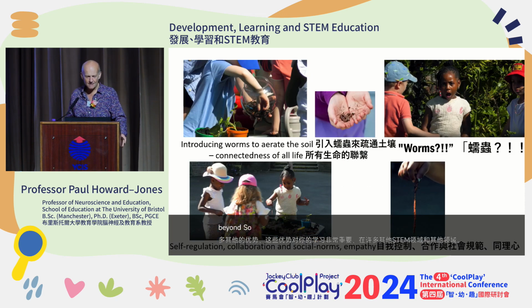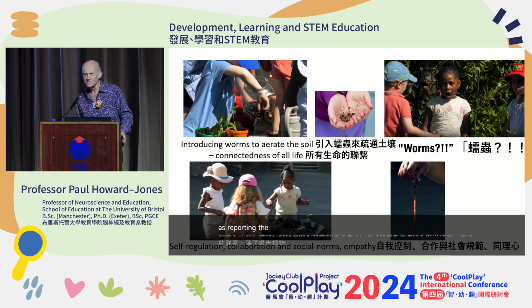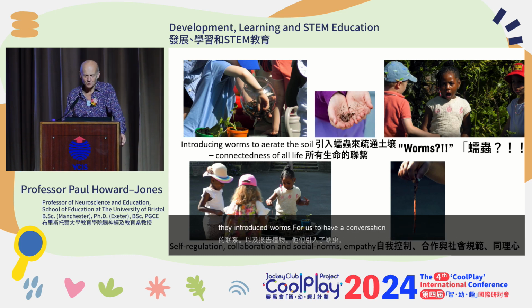So what happened was that, yes, we asked the children to repot the plants, but we also wanted them to learn about the connectedness of all life. So as well as repotting the plants, they introduced worms for us to have a conversation with the children about the importance of worms for the environment and how worms actually aerate the soil and how they're very vital to the growing of our own food and our own survival.